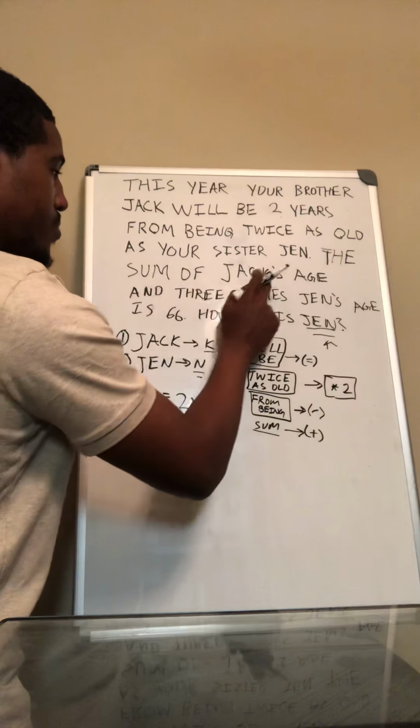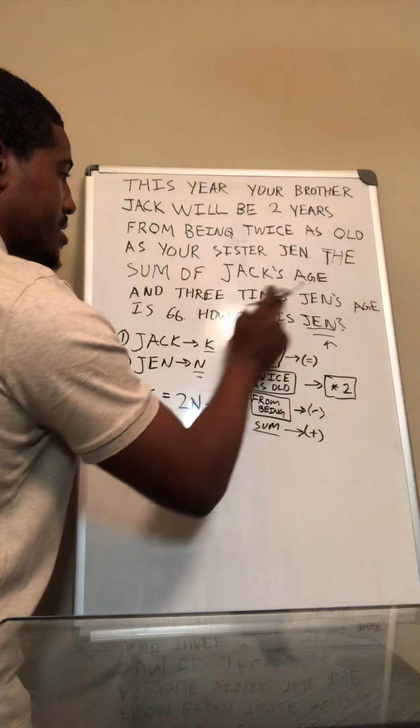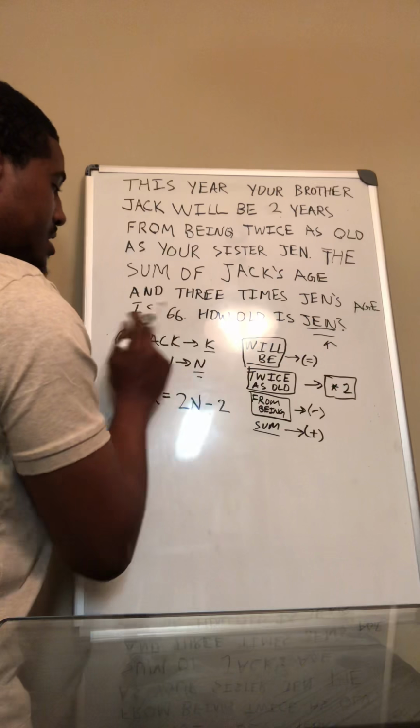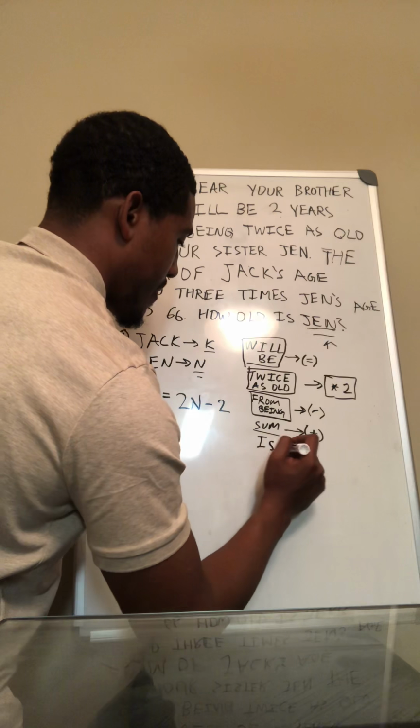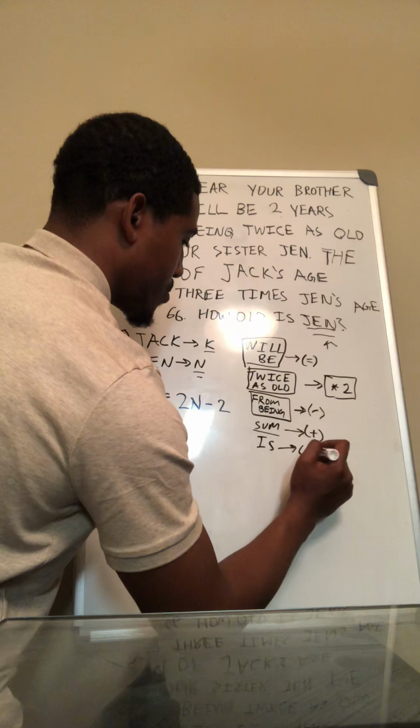So we say Jack's age plus 3 times Jen's age is 66. "Is" is another common math term implying equal to.